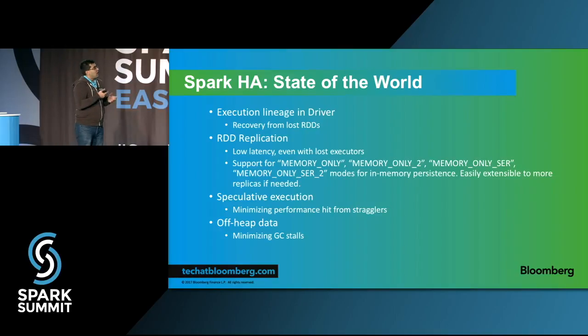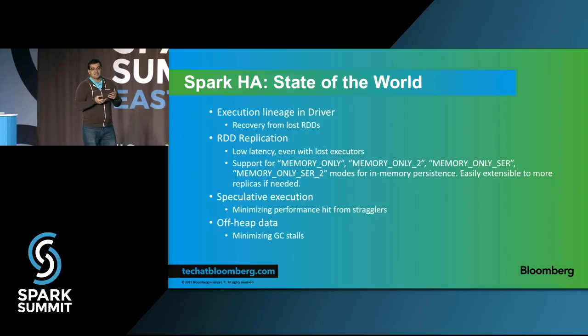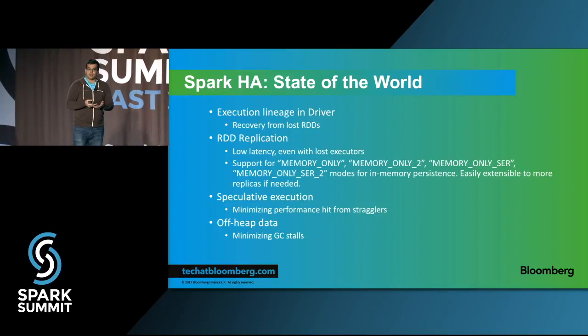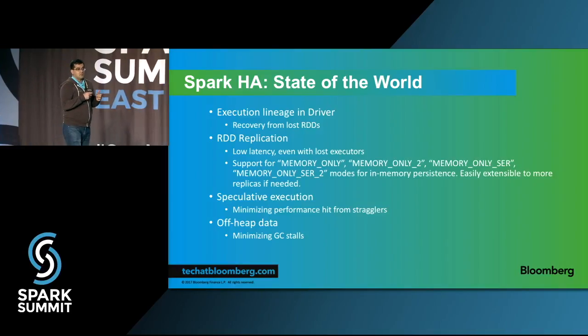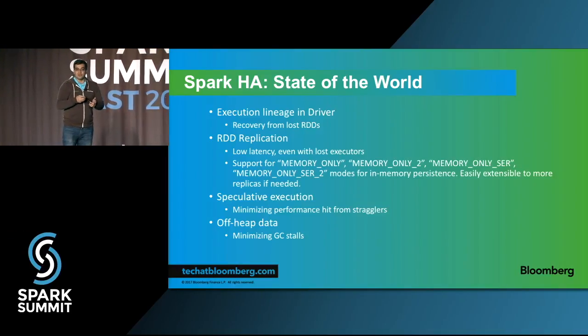So how does the driver do that? This thing actually happens when your query executes. So this will definitely have a significant performance hit on the queries you're running if you lose data that you have cached previously. RDDs themselves offer various modes that you can use to get around this problem.